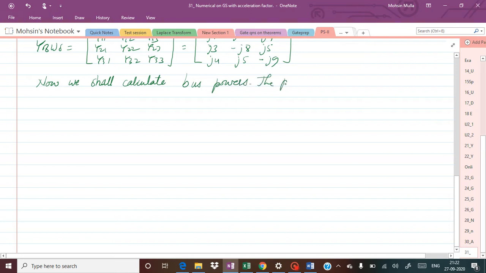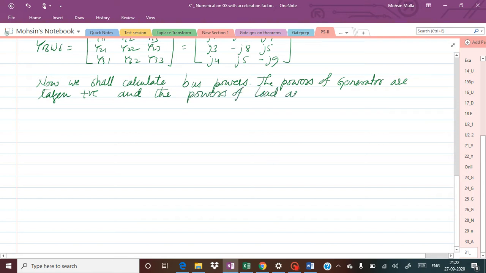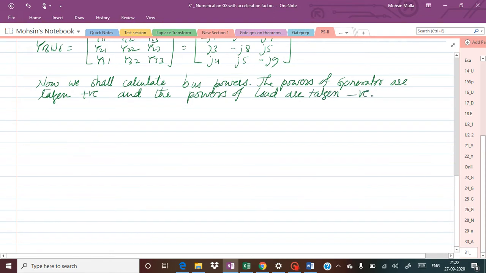The powers of generator are taken positive and the powers of load are taken negative.